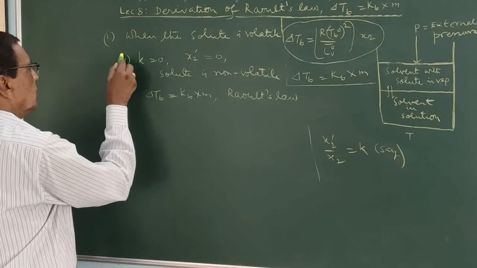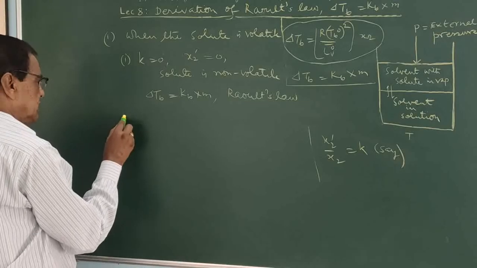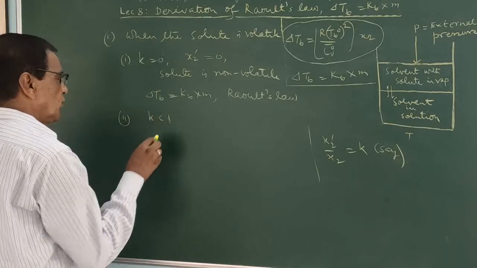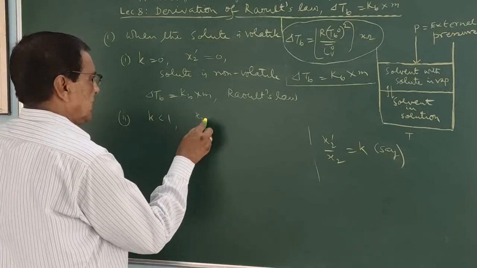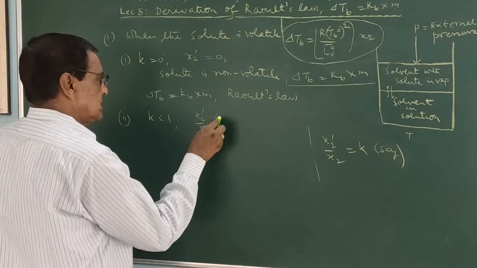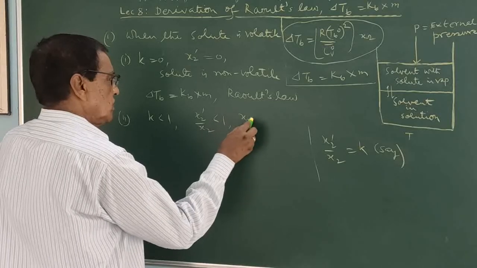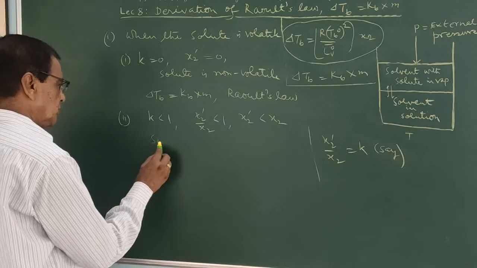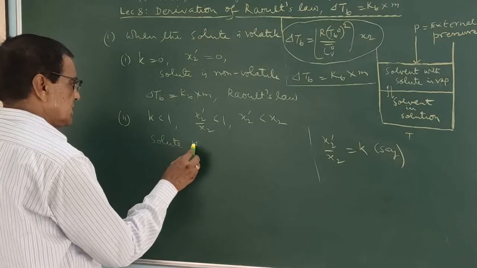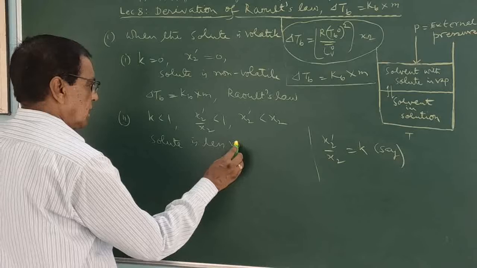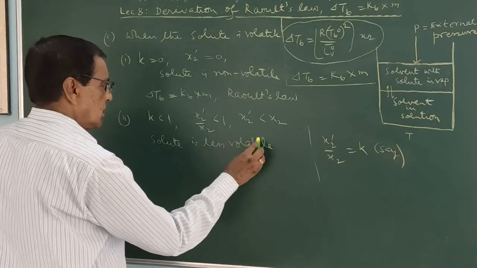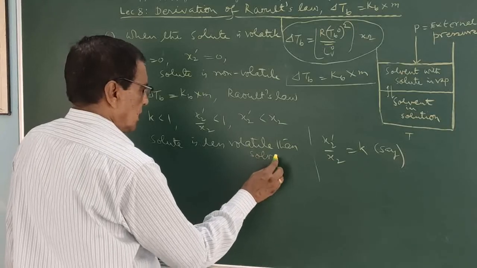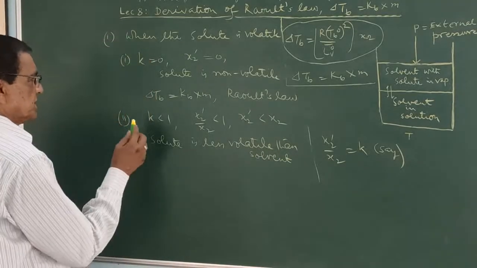And second case, k less than 1. Then x2 dash by x2 less than 1, or x2 dash less than x2, means the solute is less volatile than the solvent.